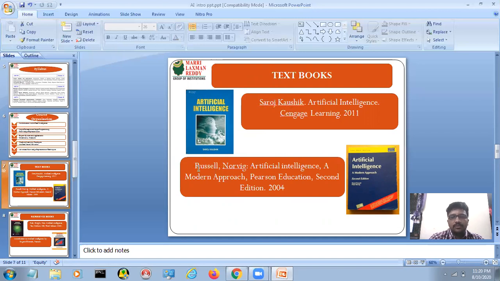These are the two textbooks preferred for the course. One is Artificial Intelligence by Saroj Kaushik, second edition, 2011, and the other one is Artificial Intelligence by Russell, Pearson Education, second edition, 2004.